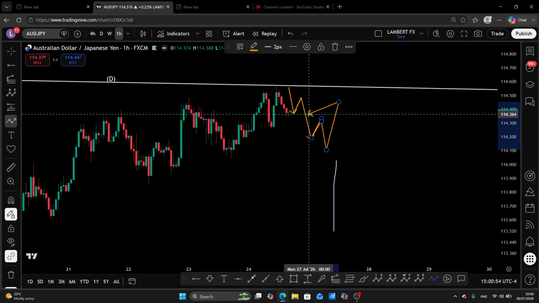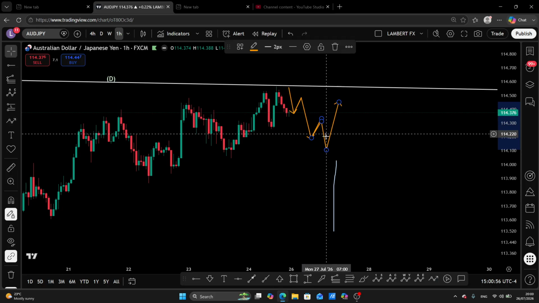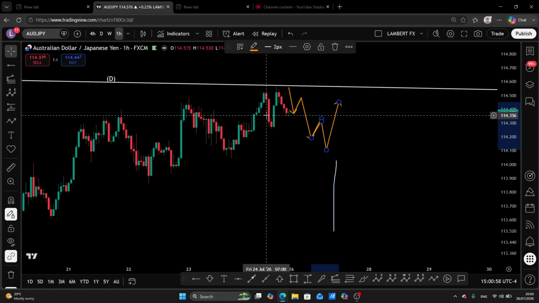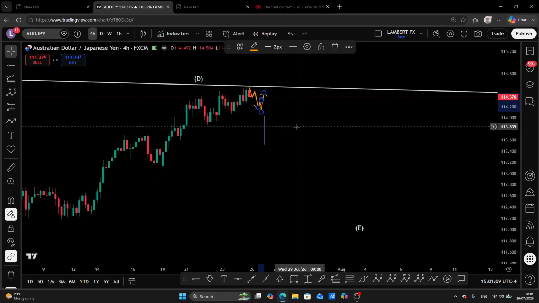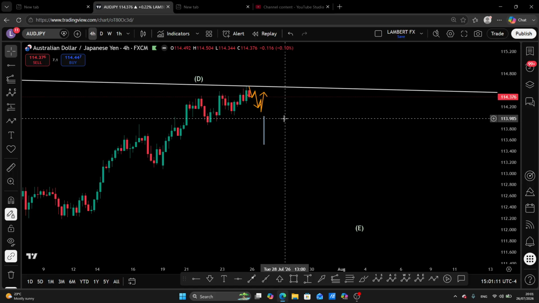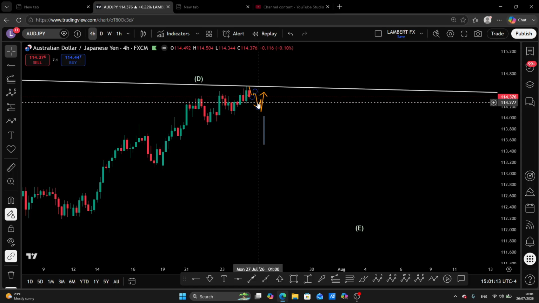It will show you wave one before taking the trade. But yes, a possible selling opportunity on Aussie JPY. All right, but I would make sure that I see something visible before taking the trade. I won't just jump in and take the trade.